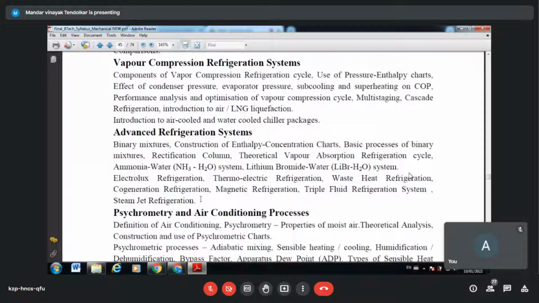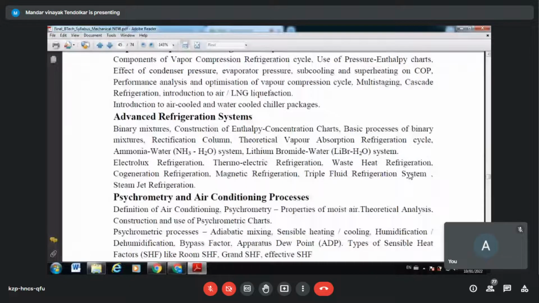That's all. Then submit it to me. I will go through it, and once I approve it, you can exchange it with the rest of the class. It's just a very simple theoretical exercise. No numericals will be set on this. I'm not going to ask for a performance evaluation of thermoelectric refrigeration. It's just a simple short-note type of question. So we can do it in our leisure time.